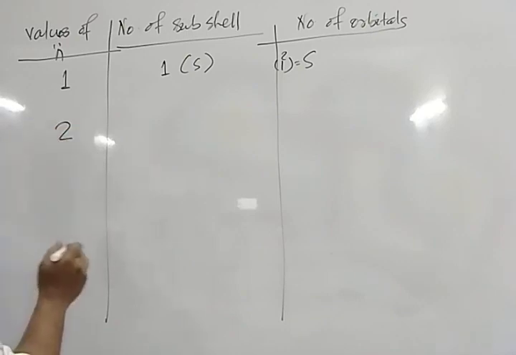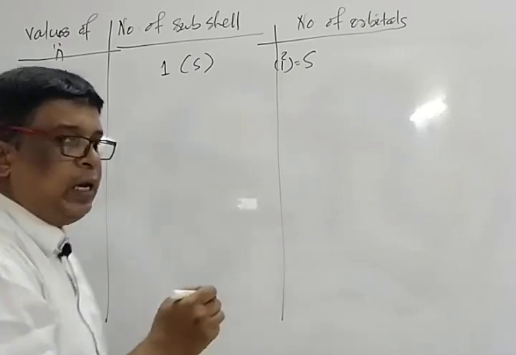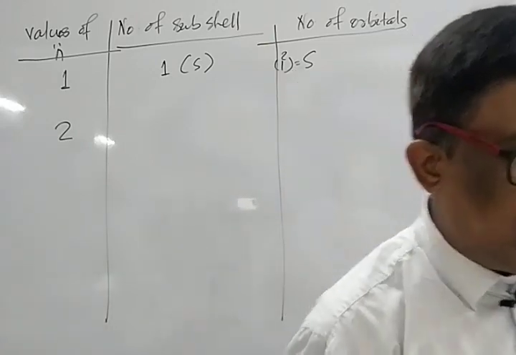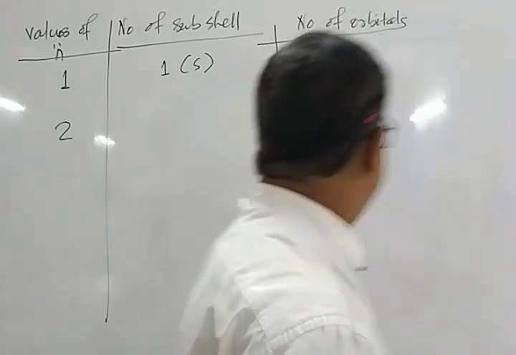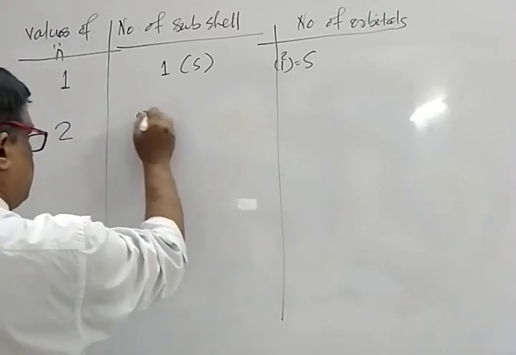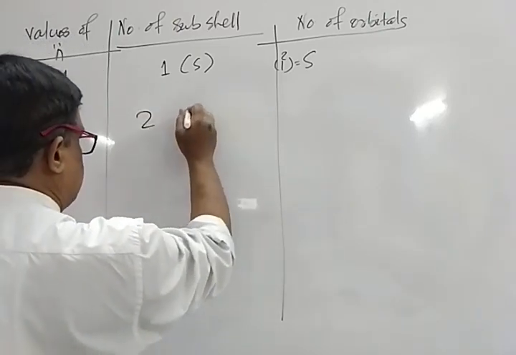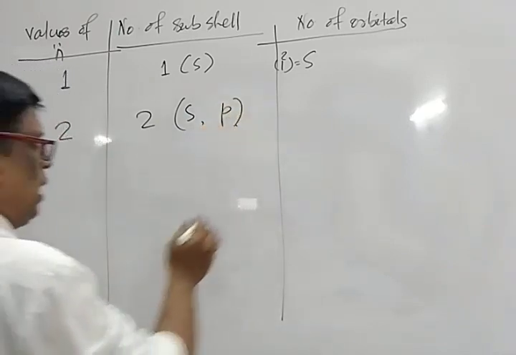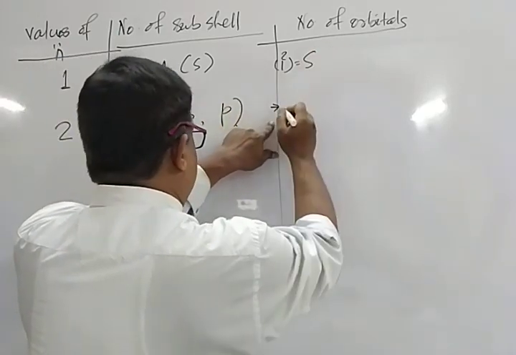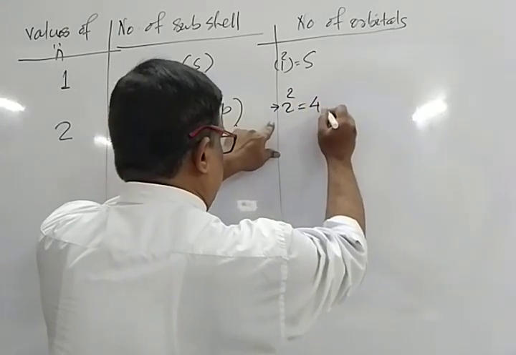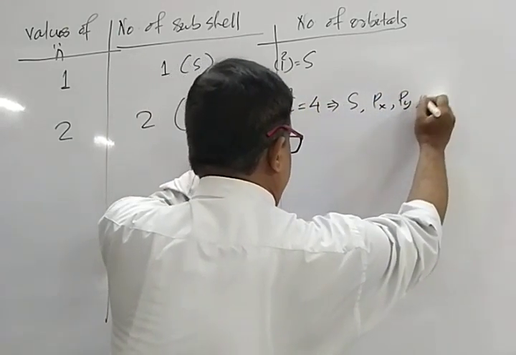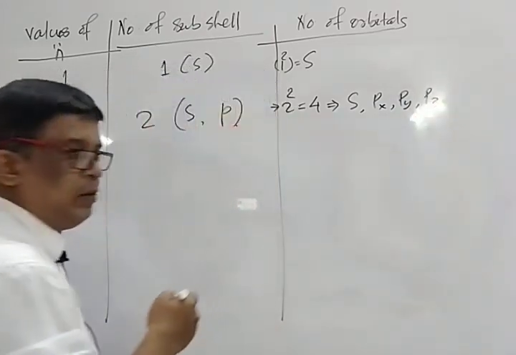In the second cell, the number of subcells is 2, because n is equal to 2. That is the S subcell and the P subcell. One is known as the S subcell and one is known as the P subcell. And the total number of orbitals is 2 square, that is 4, implies s, px, py and pz.